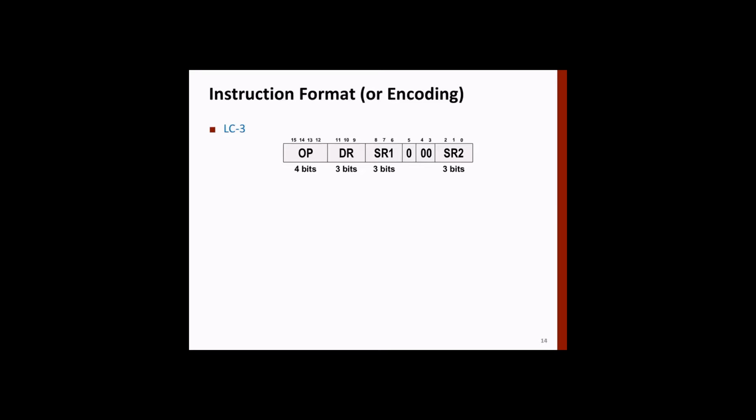The format is very simple. We already discussed this. The op field is 4 bits, destination is 3, source operand is 3, another source operand is 3. And these 3 are unused, so total is 4 plus 3, 7, plus 10, that's 12, 15, 16 it should be.